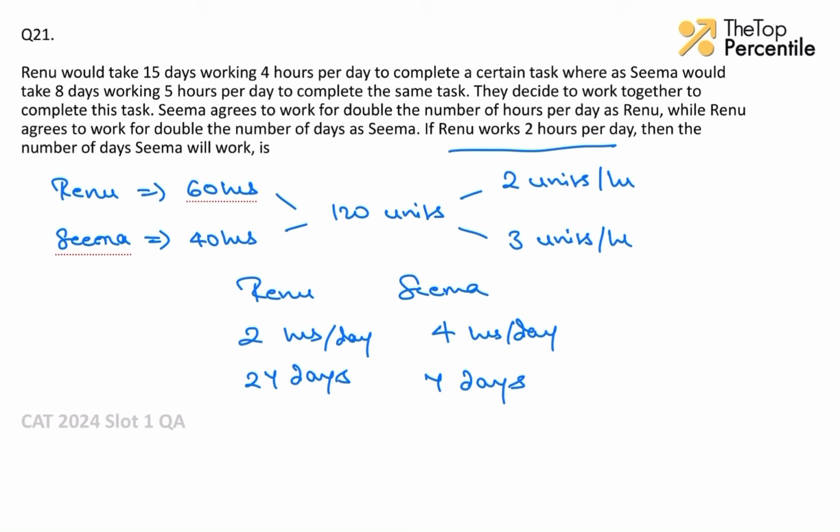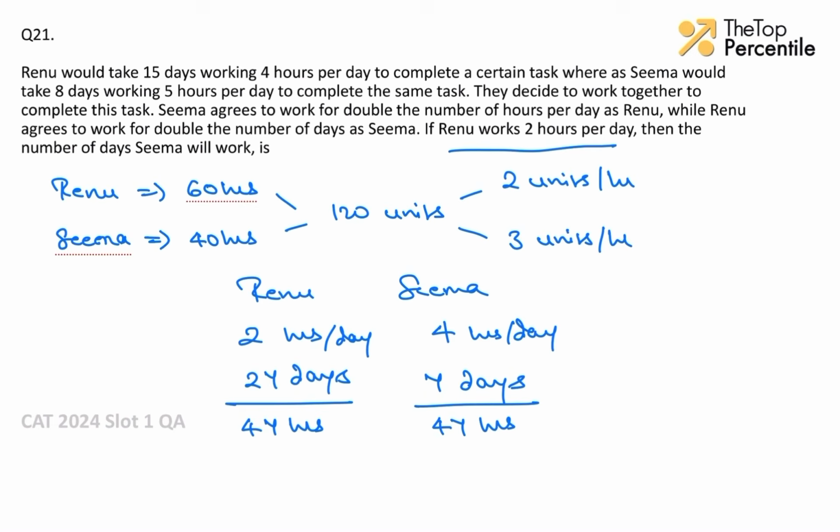Now the total number of hours that Renu will work for will be 4y hours, and the total number of hours that Seema will work for will be the same, 4y hours.